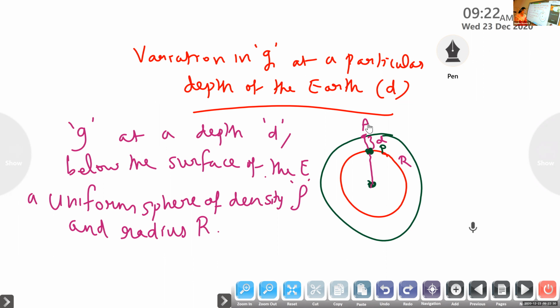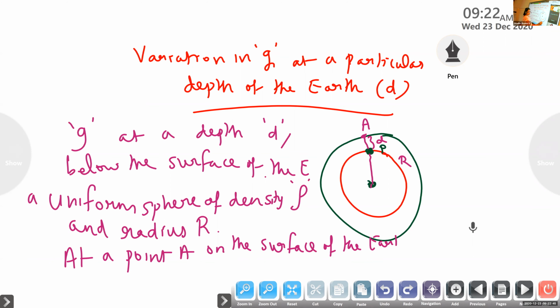So next line below that, at a point A on the surface of the earth, g is equal to GM by R square, that is equation 1, as we have done in the previous case.